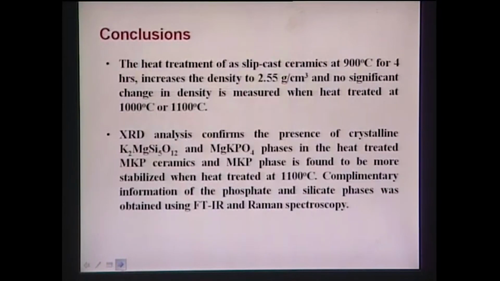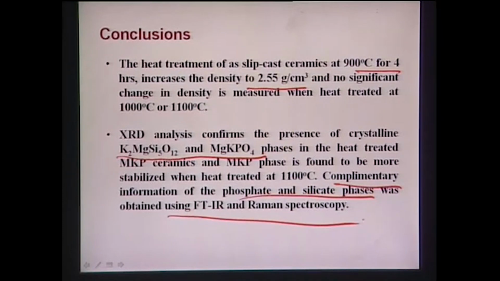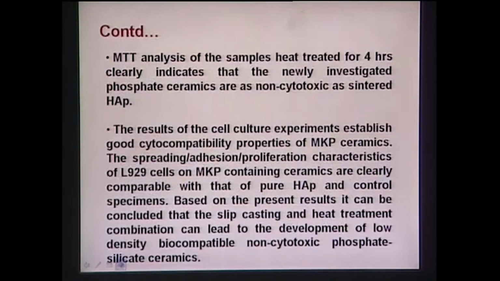So these are the conclusions from this part of the study. The heat treatment at 900 degrees for 4 hours and a little above gives a low density alternative phosphate material, with a density of around 2.5 gram per cc. XRD analysis confirms the presence of K2MgSi5O12 as well as the magnesium potassium phosphate phase in these materials, and complementary information on the phosphate and silicate phases was also obtained by FTIR, that is Fourier transform infrared spectroscopy, as well as Raman spectroscopy.